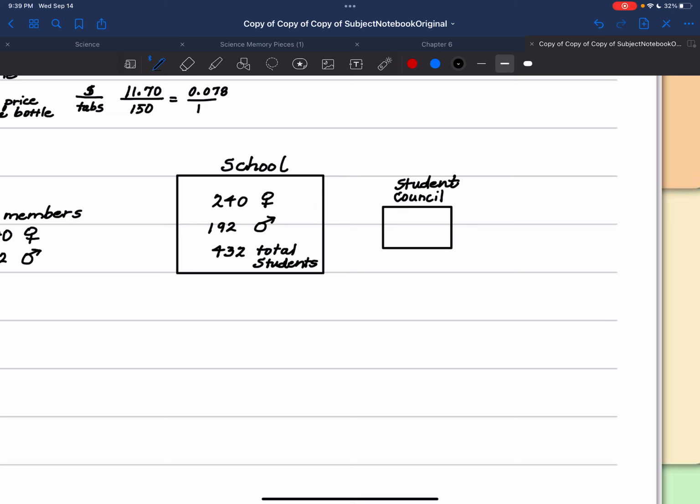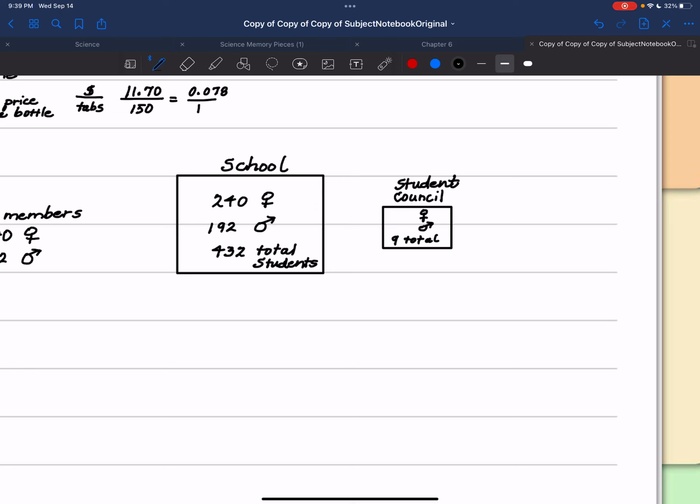Now, I can assume that some of those are female and some of them are male. I can't promise you that until we finish the problem, but I would hope that they're not all girls or all boys, so that all students in this school are represented. So let's keep reading. The ratio of girls to boys on the council is the same as the ratio of girls to boys in the student body.